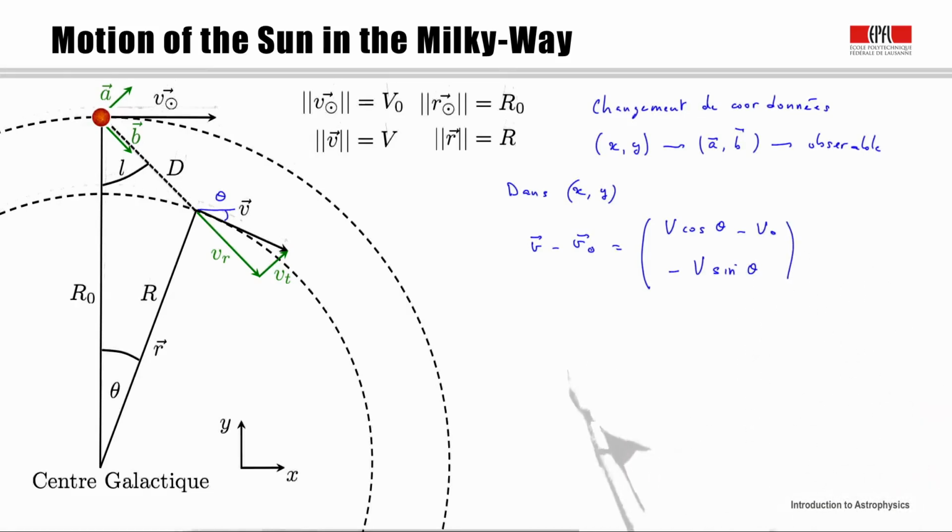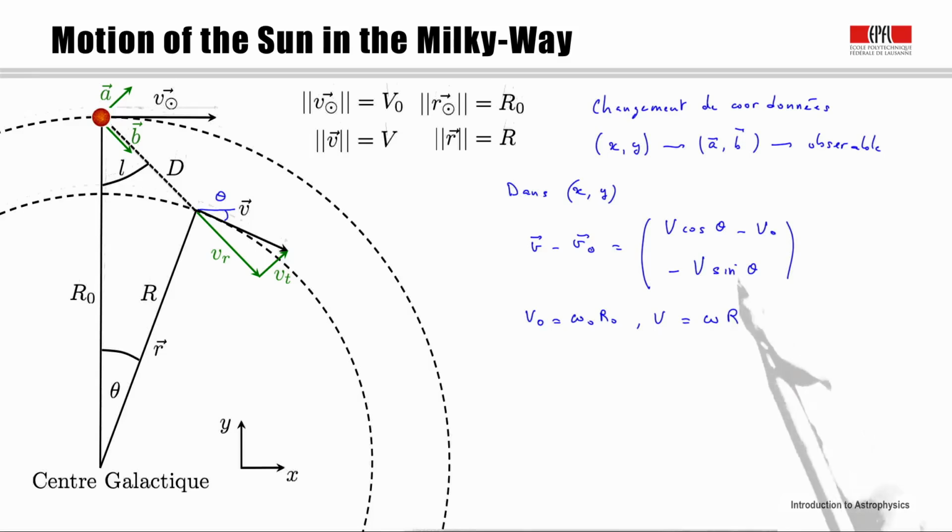One can see that V0 is equal to Ω0 R0. V is equal to ΩR. Then, we have also equations calculated before that allowed us to replace cosine and the sine by sine l and cosine l, the observed values.